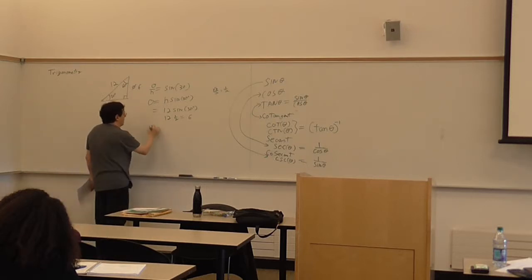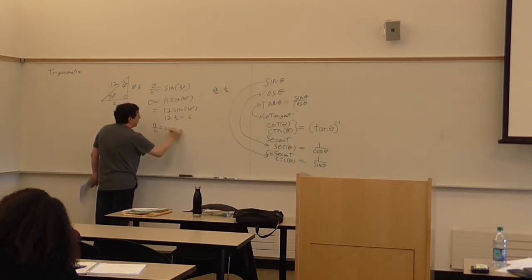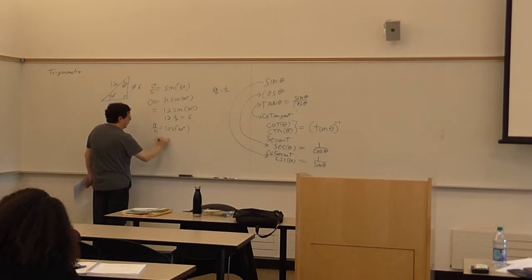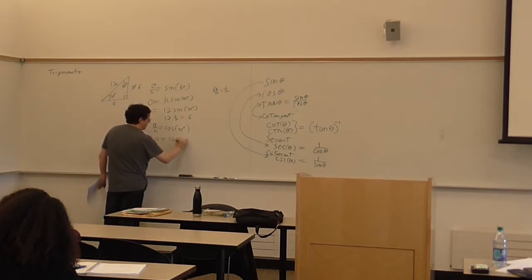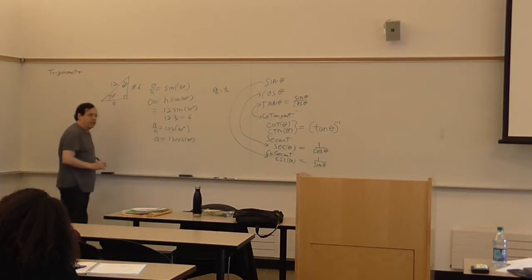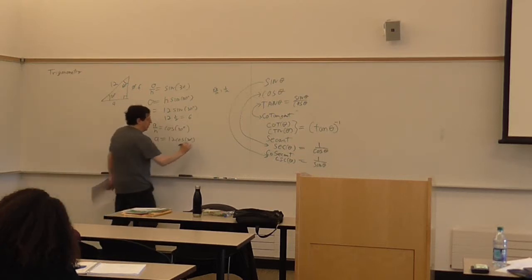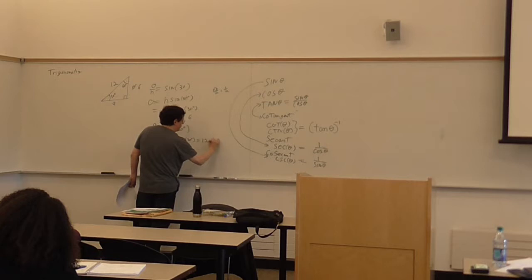Similarly, the adjacent over the hypotenuse is going to be the cosine of 30 degrees. So I know the adjacent is going to be 12 times cosine of 30. And it's not a big guess at this point. Cosine of 30 degrees has to be square root of 3 over 2. So this is now 6 square root of 3.